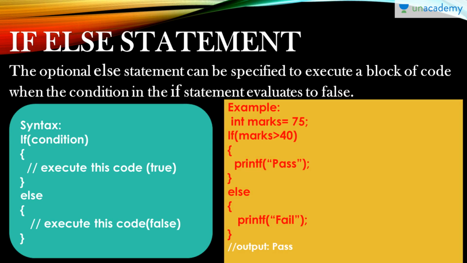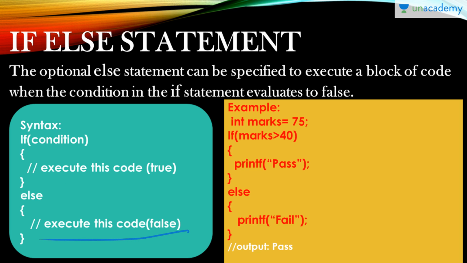Next we will discuss the if-else statement. The optional else statement can be specified to execute a block of code when the condition in the if statement evaluates to false. Means initially we are checking the condition in the if statement. If it is true, then it will execute this code, and if it is false, then it will execute the else code.